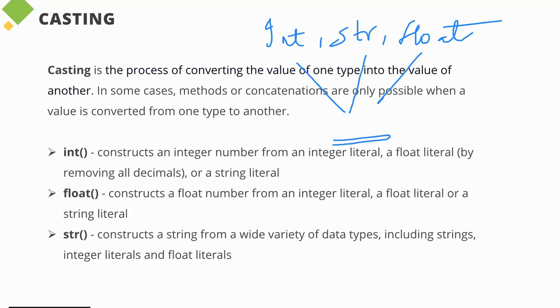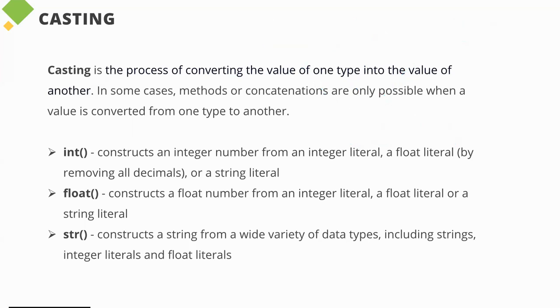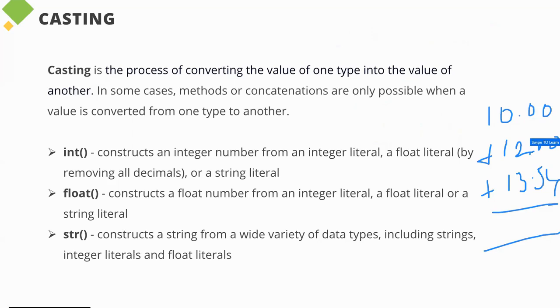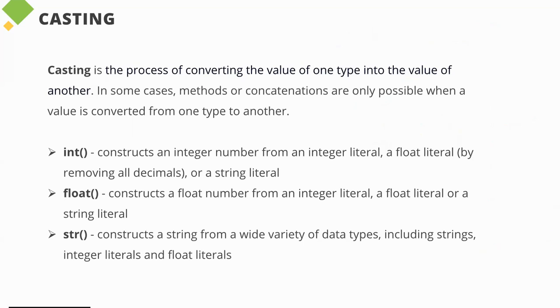So we need to convert all these data types into one single data format so that you can perform the operation. Let me make it simple. Say, for example, 10 plus 12 plus 13.54. If you want to do addition, you add zeros, right? For easy addition. In the same way, we need to convert the data types.